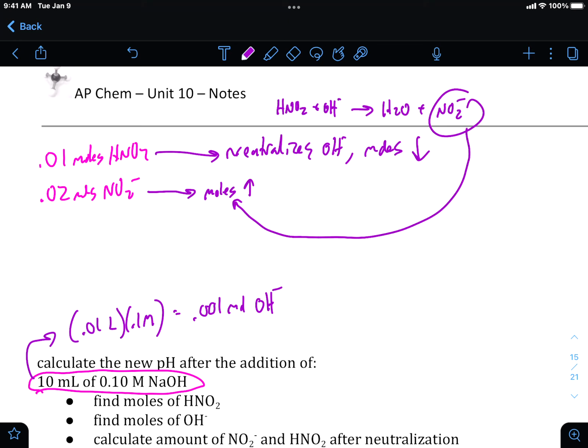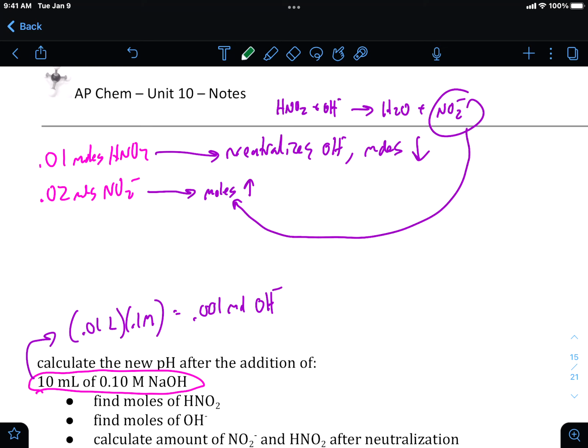So let's figure out how many moles we have now. The amount of change is the number of moles of the OH minus or H plus that you added. So what is my new number of moles for HNO2? Are we increasing or decreasing it? Decreasing it. And by what number?